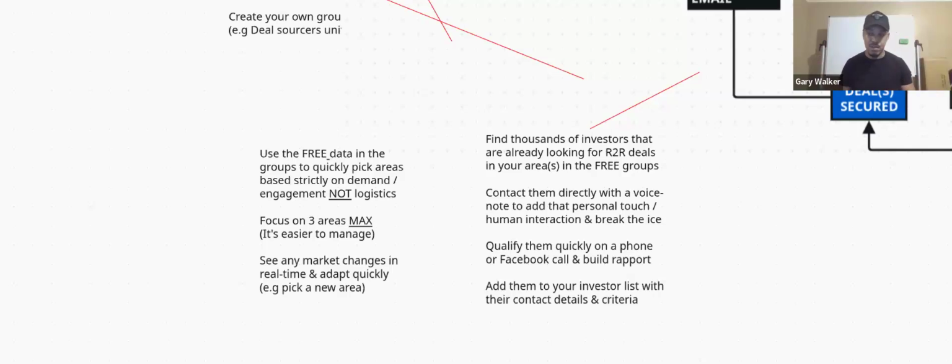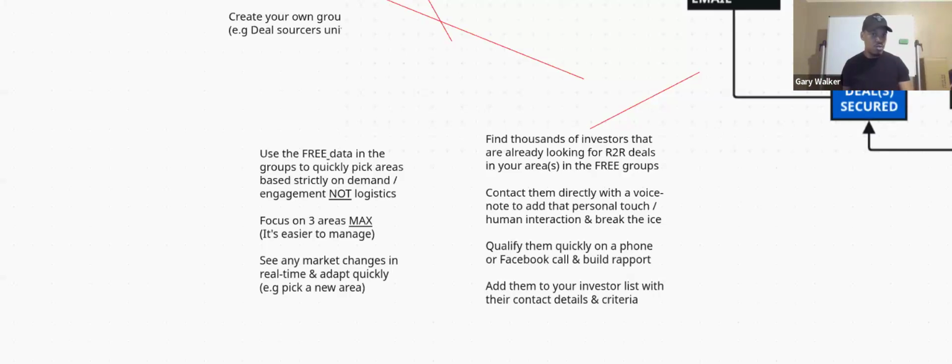Let's say it was Birmingham, and you'll clearly see whether those areas get interest whenever there's a deal posted there. For example, a Birmingham deal will get 50 to maybe 100 comments whenever a deal's posted, whereas certain other areas may only get one or two, maybe none in most cases. But you'll be able to see a clear pattern.